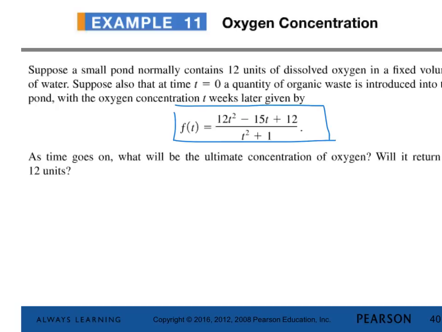As time goes on, in other words, as time approaches infinity, what will be the ultimate concentration of the oxygen? Will it ever return to its initial value, which was 12 units?